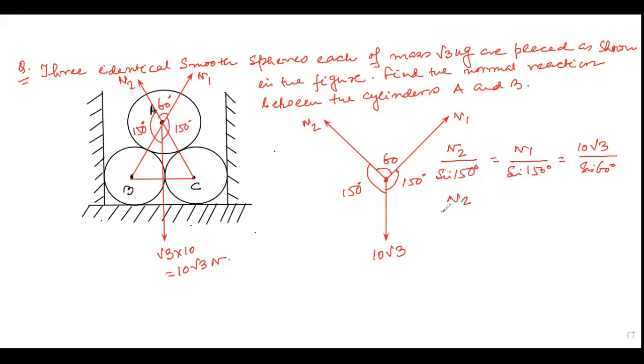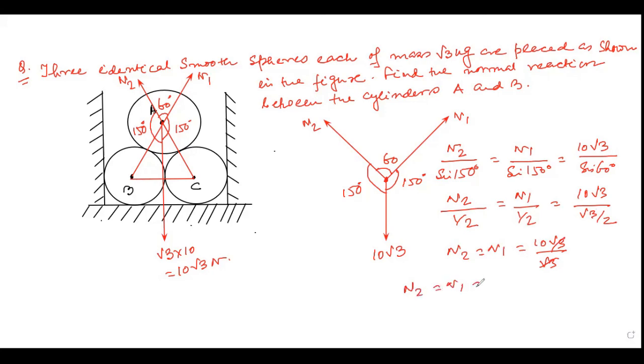Now sine 150 means cos 60, and that is half, so N2 by half, N1 by half, and 10 root 3 by sine 60, which is root 3 by 2. Therefore, N2 equals N1 equals 10 root 3 by root 3, this gets cancelled, hence N2 equals N1 equals 10 Newton.